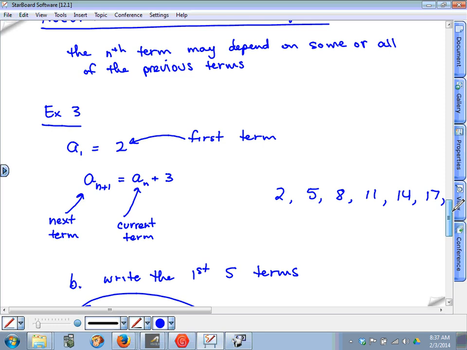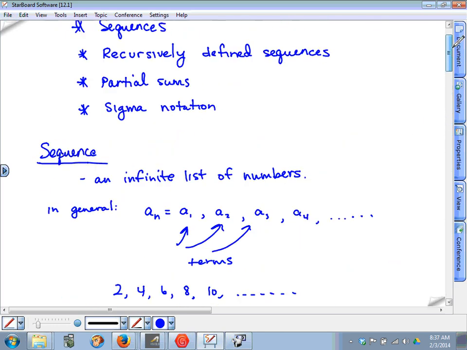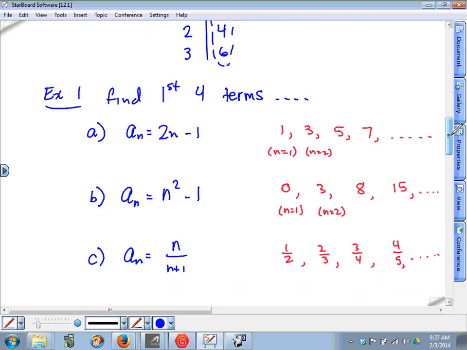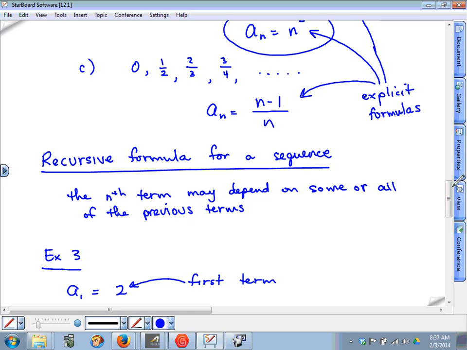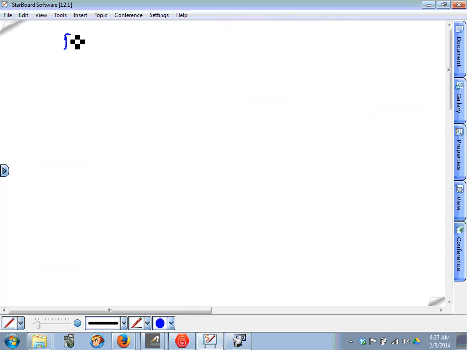Okay, the next objective: partial sums. Why can't we add up an entire sequence? Why does it have to be only a partial sum?